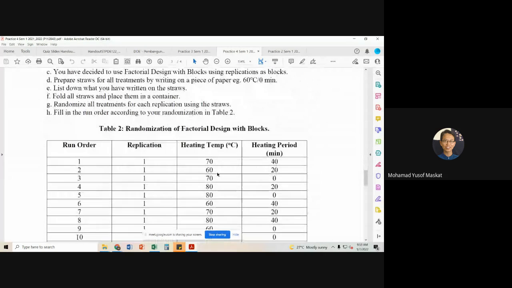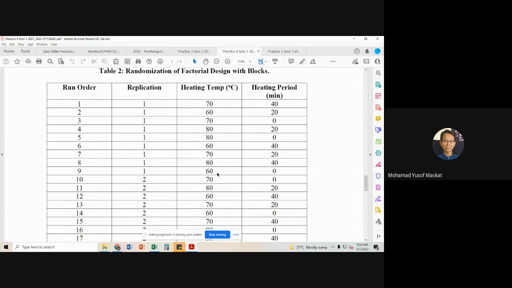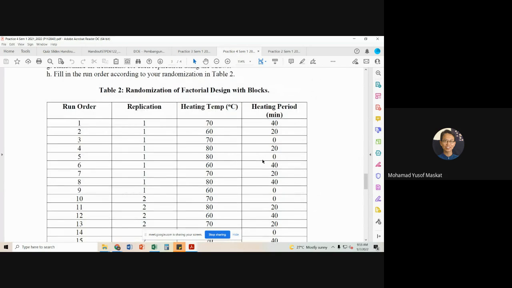Another design is a factorial design with blocks, similar to a randomized block design. In this example, we are taking the replication as blocks.